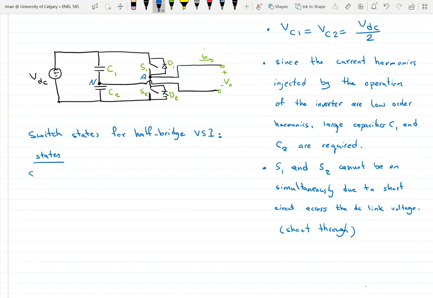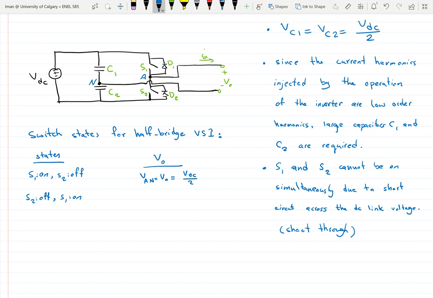Okay, states. S1 on, S2 off. S2 on, S1 off. So when S1 is on and S2 is off, node A is connected to the positive terminal of VDC, so VAN is equal to V out is equal to VDC over 2.